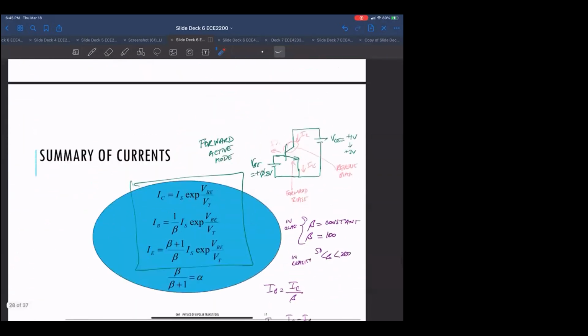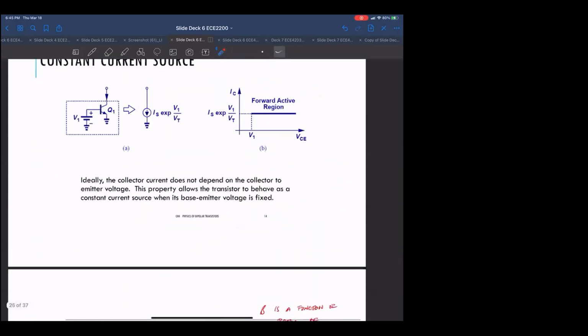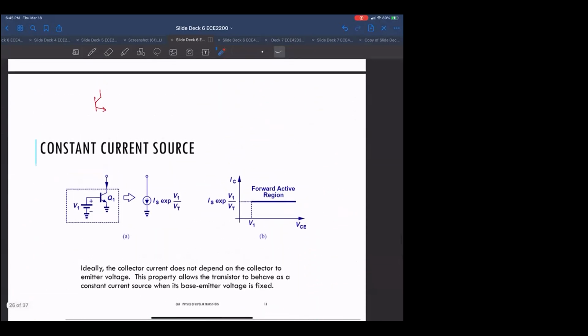So if you look at this, this is I sub C versus VCE. And you see that as long as the collector emitter voltage is high enough, I sub C is not at all affected by it.